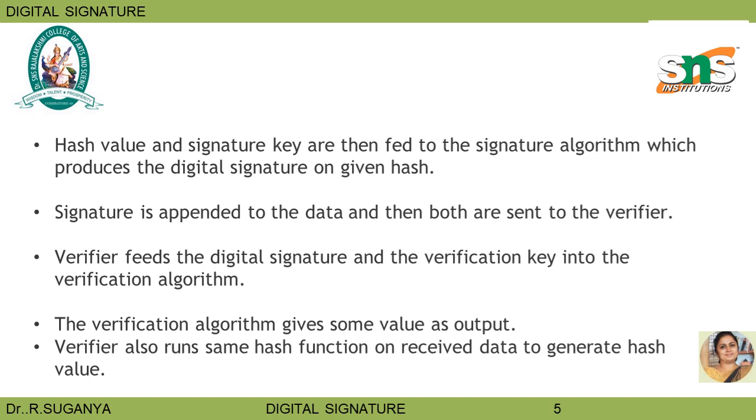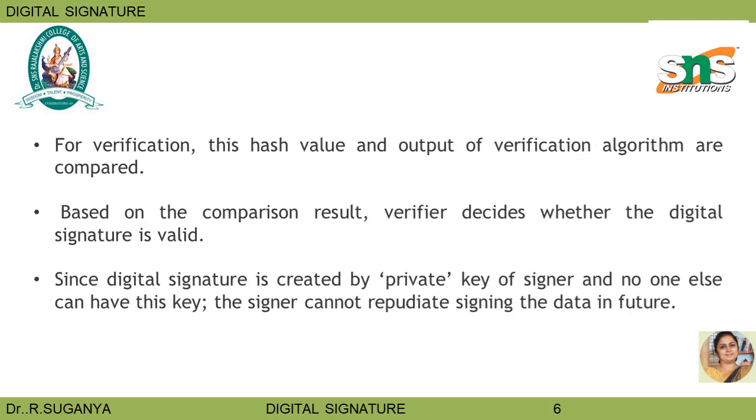The verification algorithm gives some value as output. The verifier also runs the same hash function on the received data to generate the hash value. For verification, this hash value and the output of the verification algorithm are compared. Based on the comparison result, the verifier decides whether the digital signature is valid.